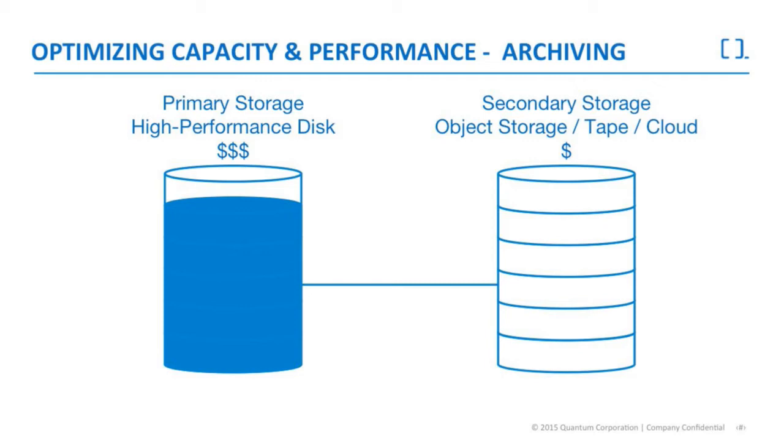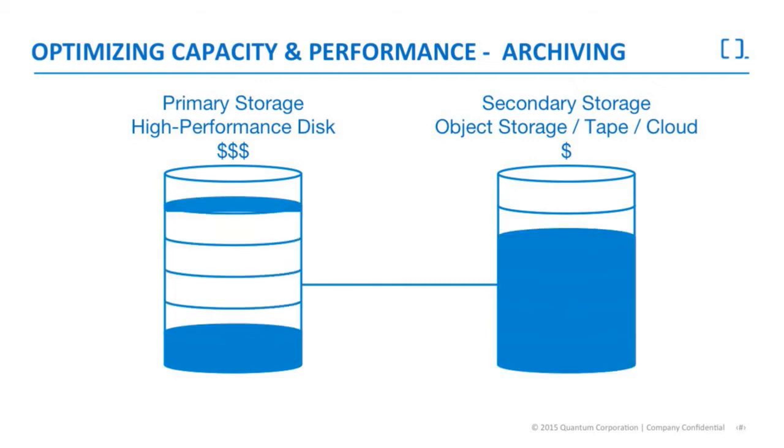So by tiering data off to a second lower cost tier, and if you do it intelligently, moving the data that's not so actively used from a higher cost tier to a lower cost tier, you get quite a few benefits. One is you're going to release capacity and essentially release capabilities into your organization by allowing them the freedom to have more of that primary disk.